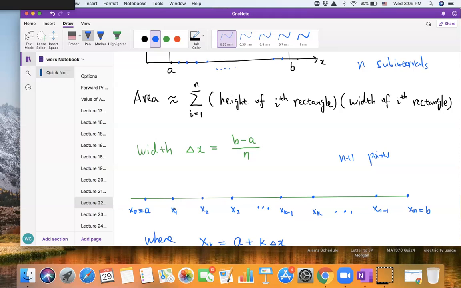Before we decide how to determine the height, we need to figure out the coordinate of each point between a and b. Remember we said the length of each subinterval is equal to delta x.